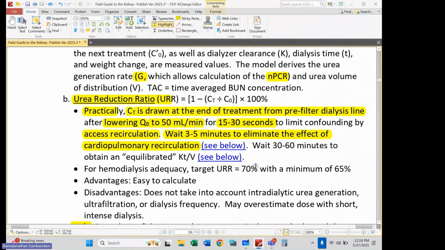But you're trying to eliminate the effect of cardiopulmonary circulation by waiting beyond the 30 seconds, more like 3 minutes, okay? If you have a patient who has a fistula or a graft, you don't have to do that theoretically or in principle, once again, when you have a catheter in place, all right? Now, in studies, you might be measuring so-called equilibrated KT over Vs.